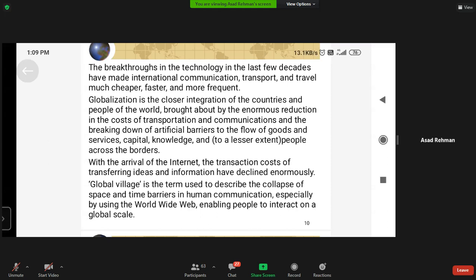If you just look at the online buying scenario, whether we talk about Amazon, Flipkart, Myntra, I was recently availing of a service because of the lockdown.